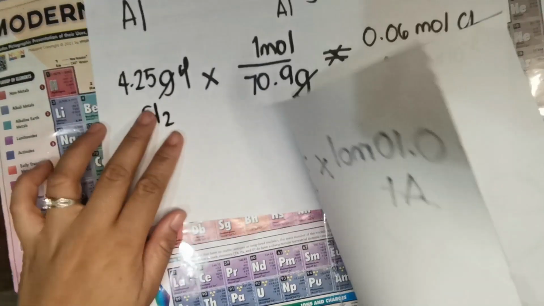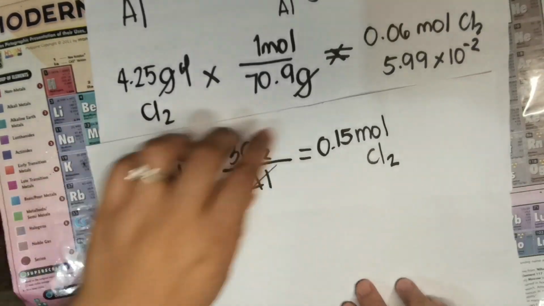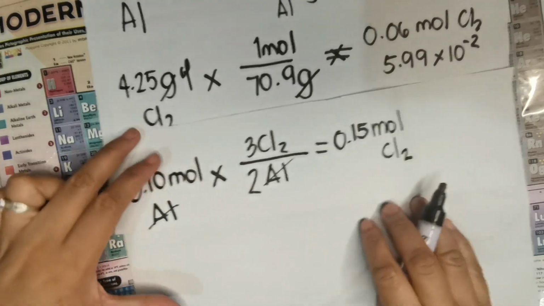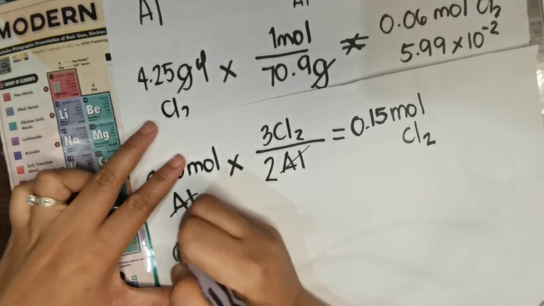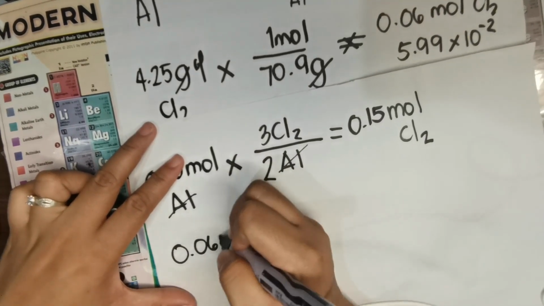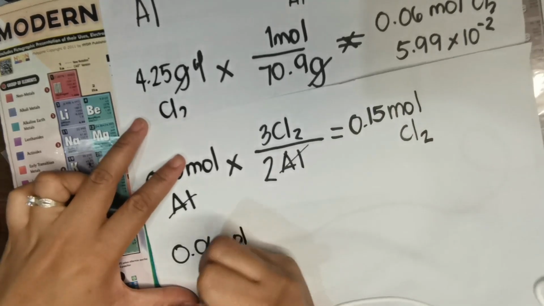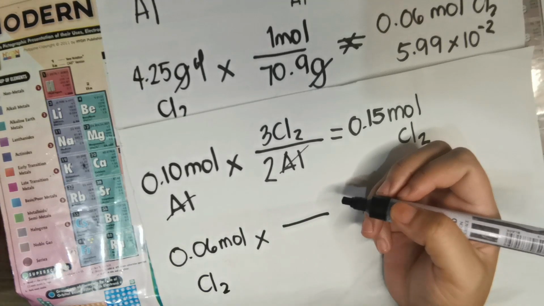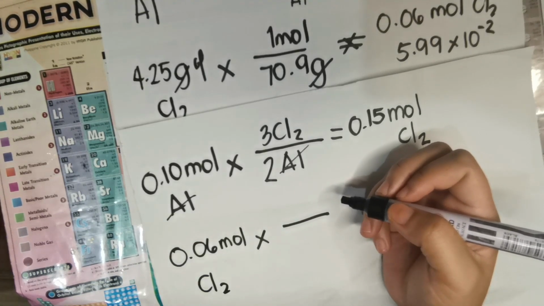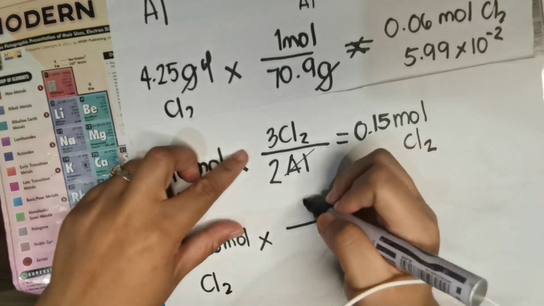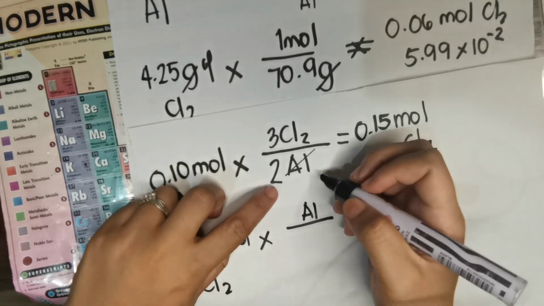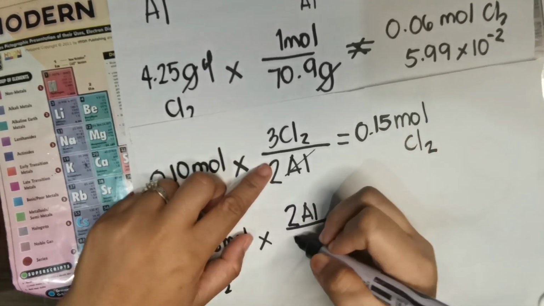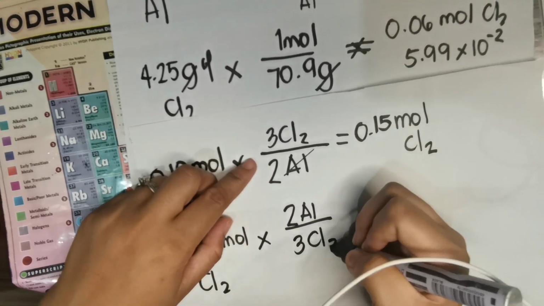Next, let's go with the second one. We have yung sa 4.25. So, gamitin natin si mole. So, we have 0.06 mole of chlorine gas. So, syempre sa taas yung ating gustong i-convert, which is aluminum. So, ang ating coefficient is 2 at ang sa baba ay si chlorine.